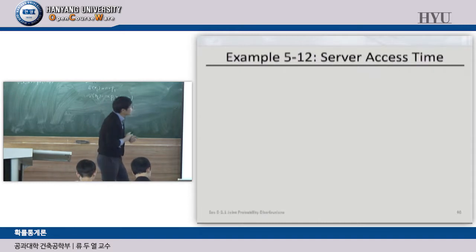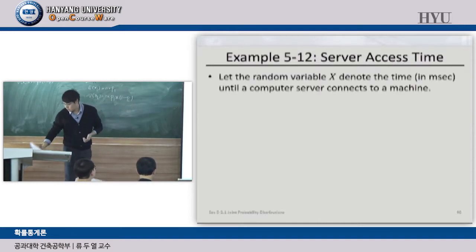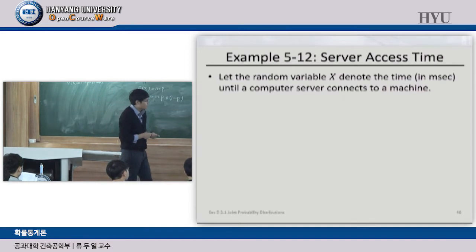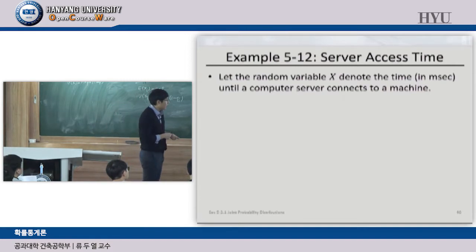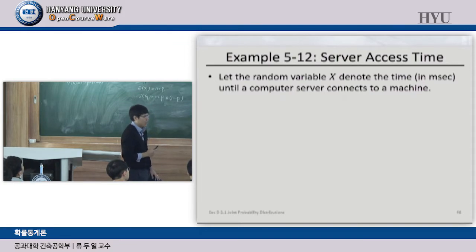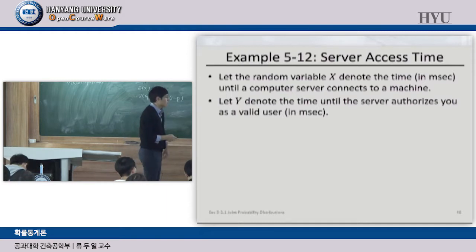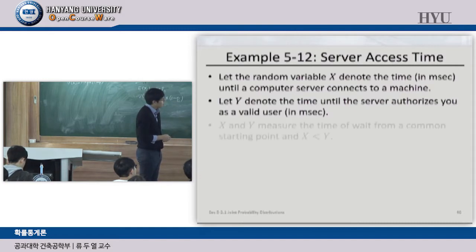And this is an example. Let the random variable x denote the time in milliseconds until a computer server connects to a machine. And let y denote the time until the server authorizes you as a valid user. And this is also in milliseconds.